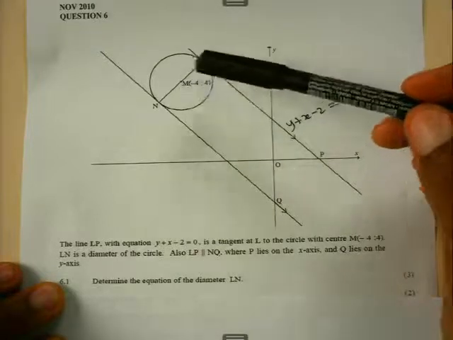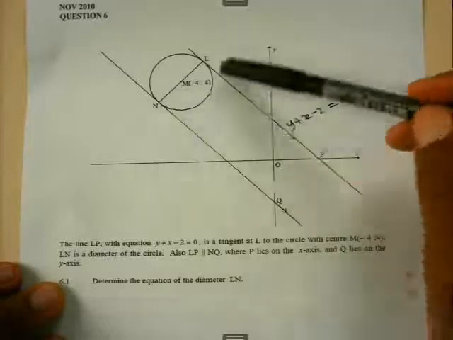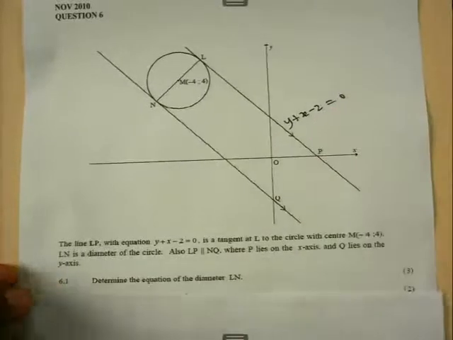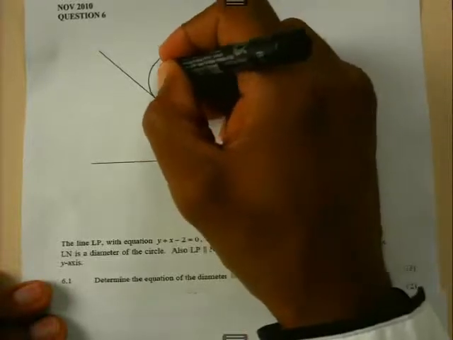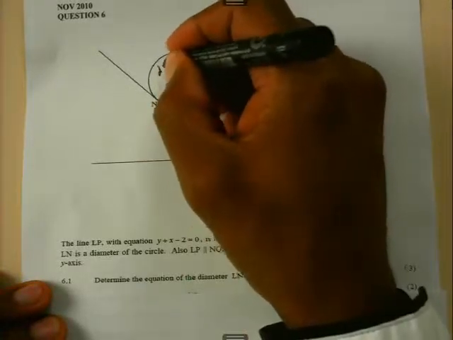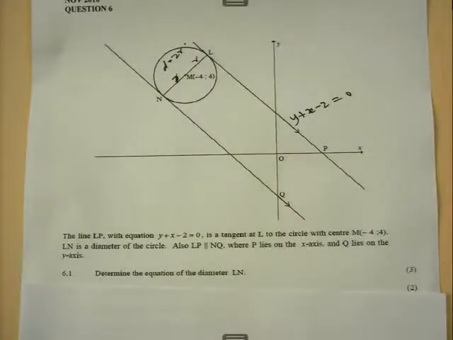And also, LN is the diameter. Now you remember the diameter is twice r, which is equal to 2r. Very important, right?